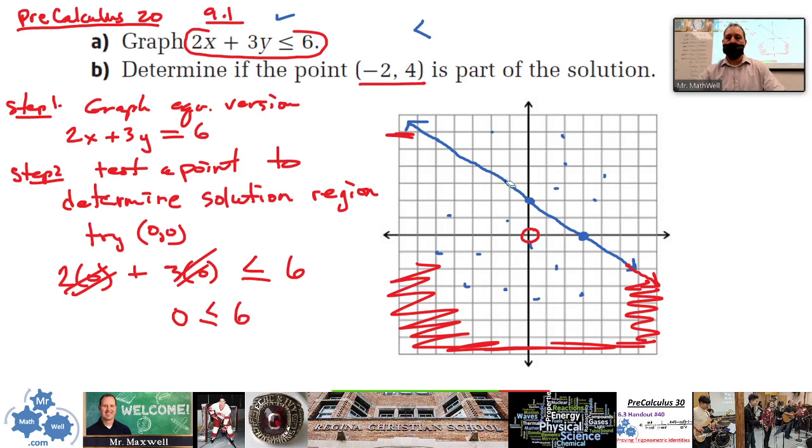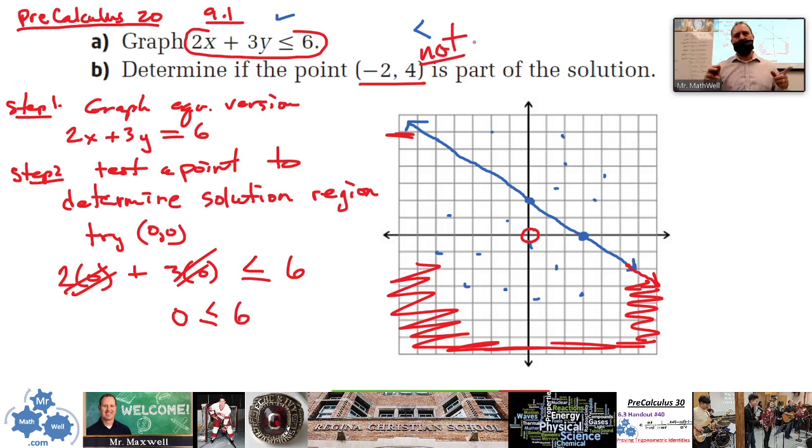And it looks like it's on the top side of the line. It looks like it's not in the region. But again, I don't know if my line is really perfect. So if you can see that it's in the region or not, you can clearly say it is or it isn't. This one appears to be not part of the region, okay?